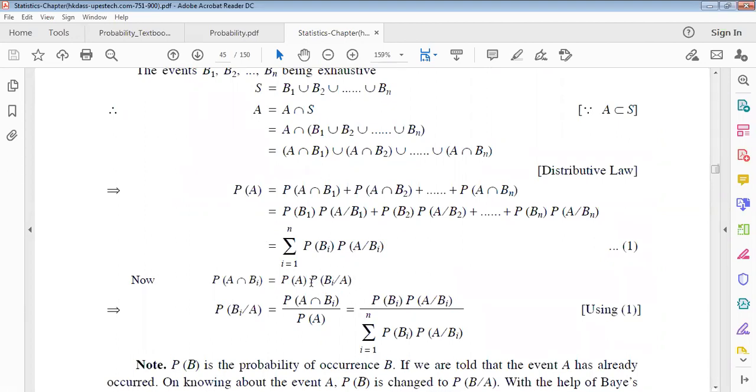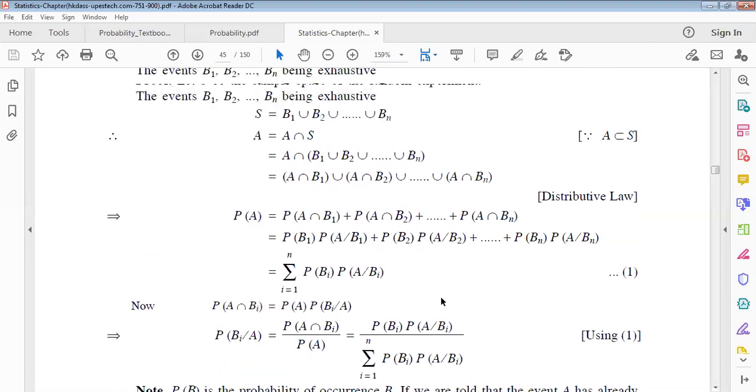If we take this value, probability of Bi when A has happened, then it equals probability of A intersection Bi divided by probability of A. This means, from equation 1, this series, and A intersection Bi equals probability of Bi multiplied by probability of A when Bi has happened. This is the proof of the Bayes theorem.